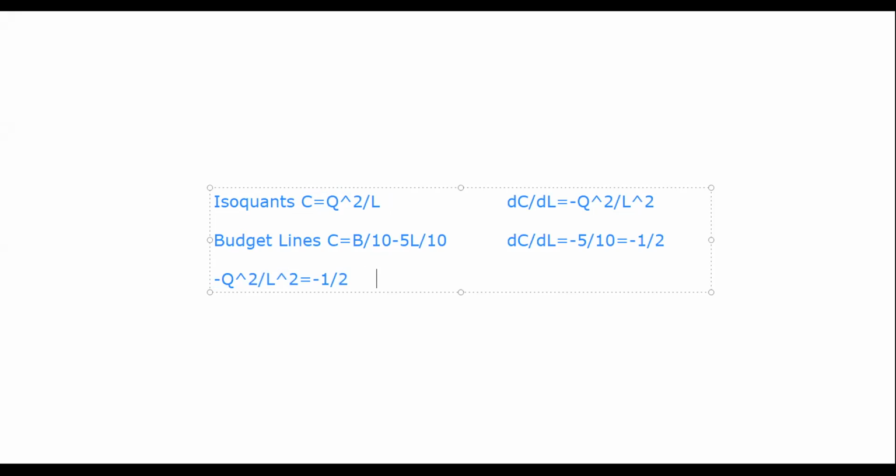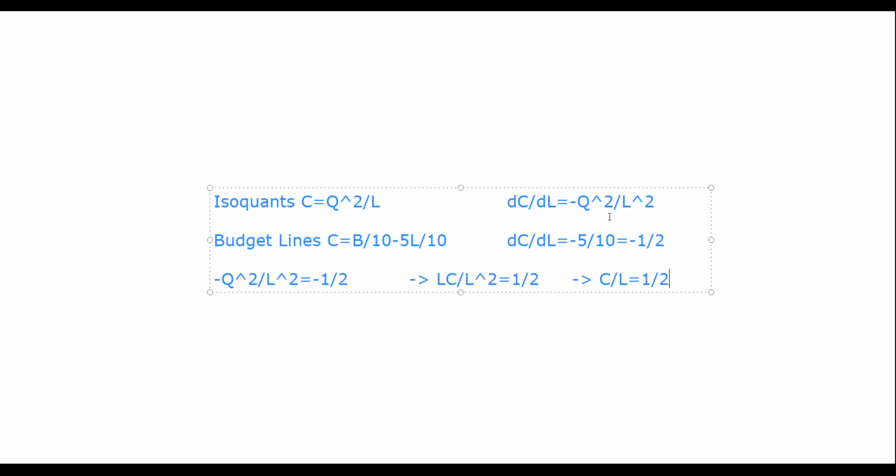So I can simplify the equation by replacing Q square with LC divided by L squared, and that would be equal to half, because the minus would cancel out as well. If you further simplify it, this is what you end up with: C divided by L equal to 1 divided by 2.